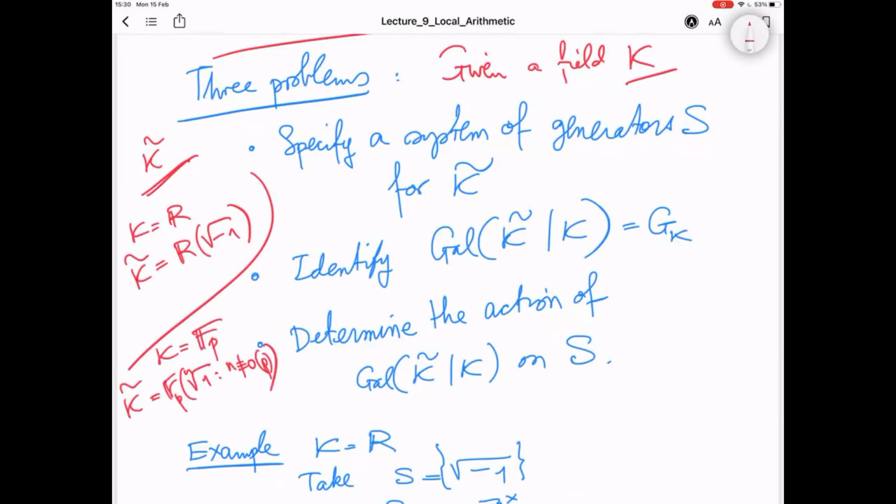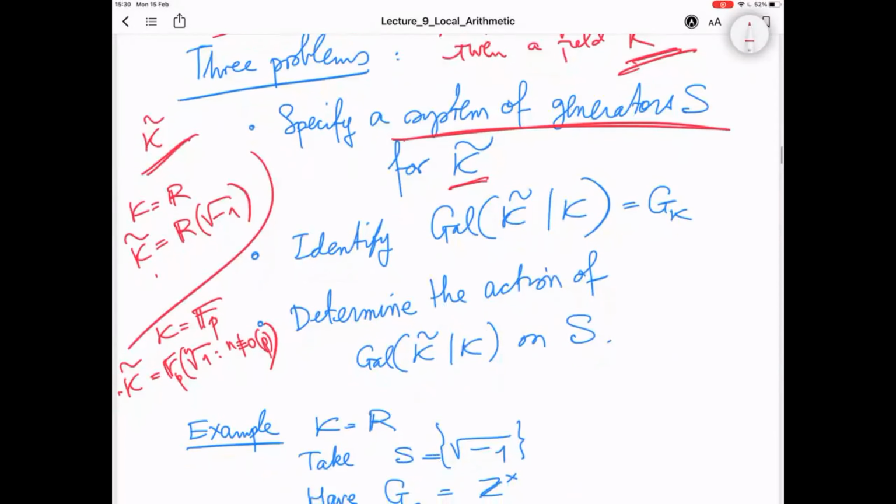The problem is to give such a system of generators for an arbitrary field K. I don't think you can do it in general, but you should be able to do it for arithmetically interesting fields, or at least that's what the quest is, that's what the aim is.